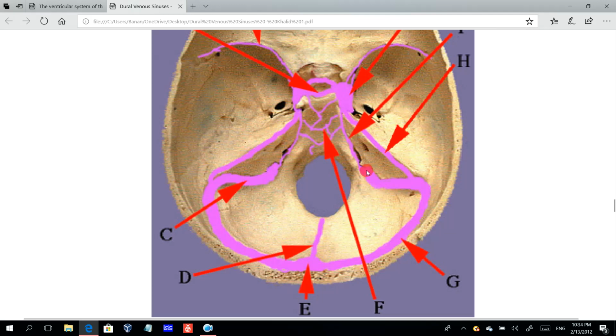Then this sigmoid sinus will leave the cranium through the jugular foramen, and form the internal jugular vein, of course on both sides. It passes through it to form the internal jugular vein.